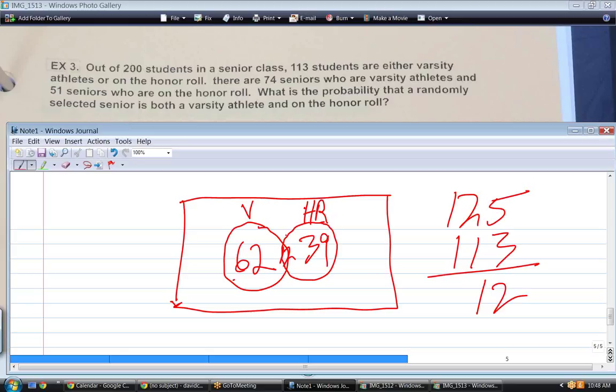That would give you 51 who are on the honor roll. It would give you 74 seniors who are varsity. Yeah, that's right. So 62 and 39 are 101 plus 12, 113. Something's wrong.